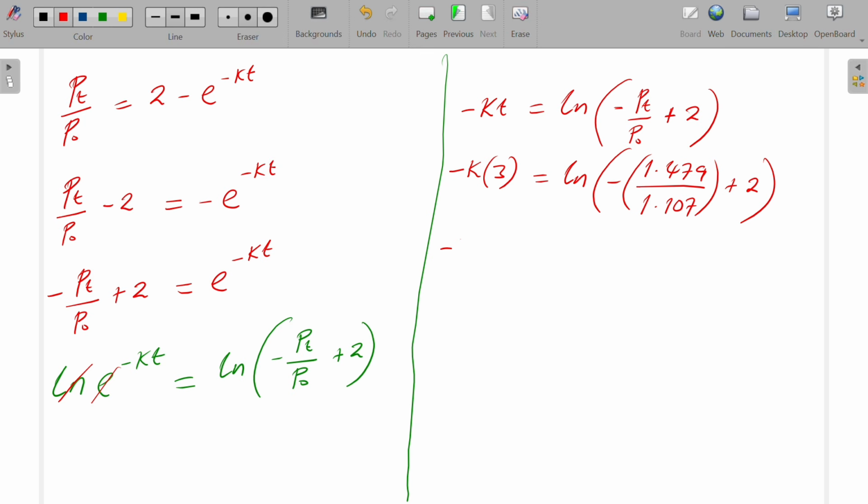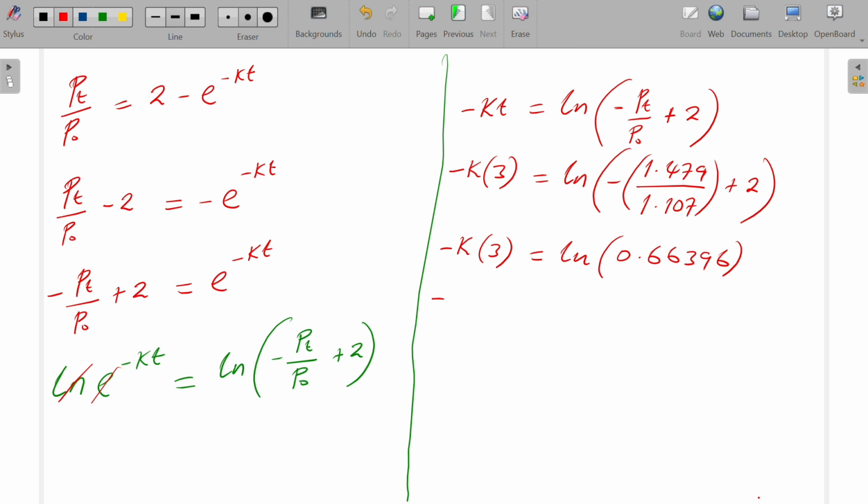And this is going to give us, on the left side, we still have K multiplying by 3. And this is equal to the natural log of, now what we have inside there when we do mathematics, we are getting 0.66396. So this is what we are getting there, rounded off to 5 decimal places.